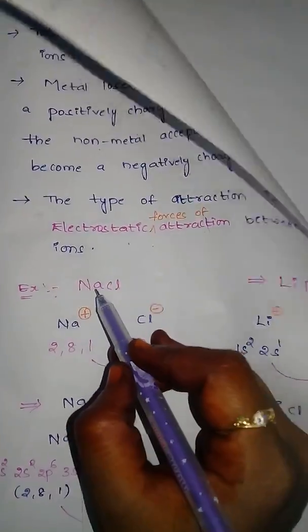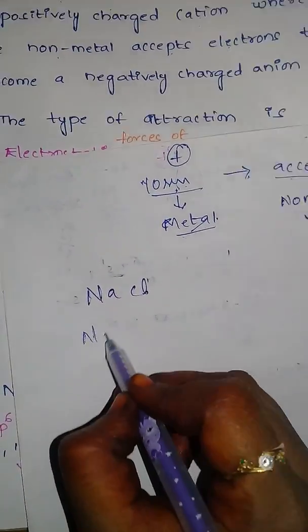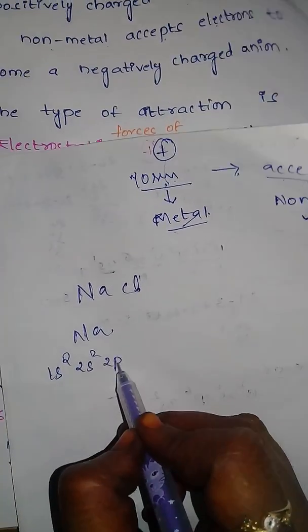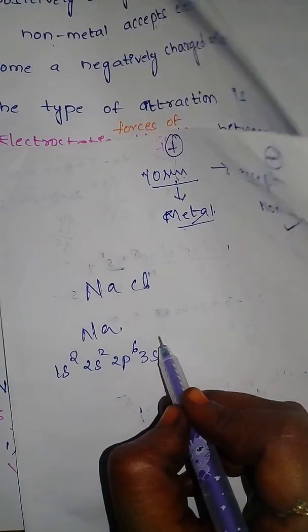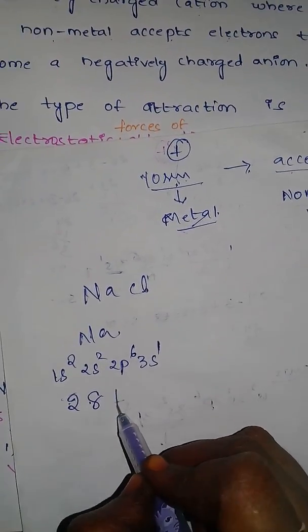Next, some examples for ionic bond. We take sodium chloride. Sodium electronic configuration is 1s2, 2s2, 2p6, 3s1, which means 2, 8, 1.